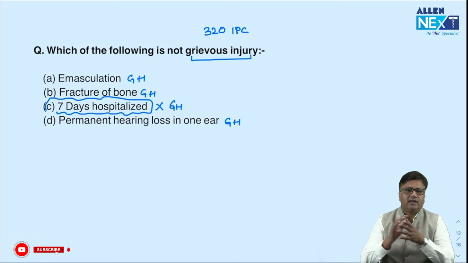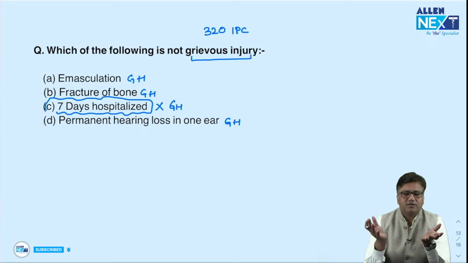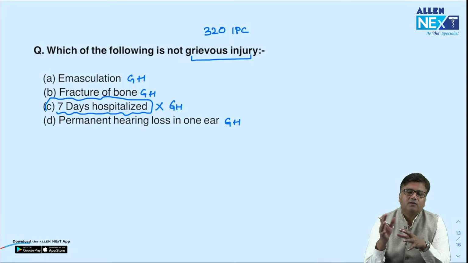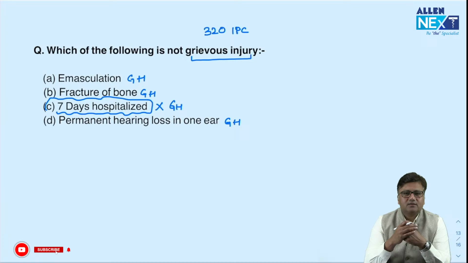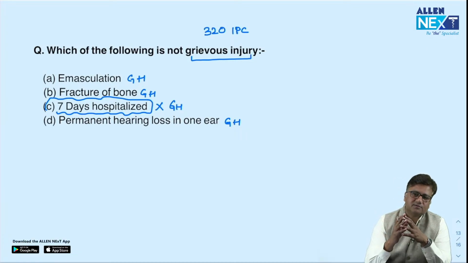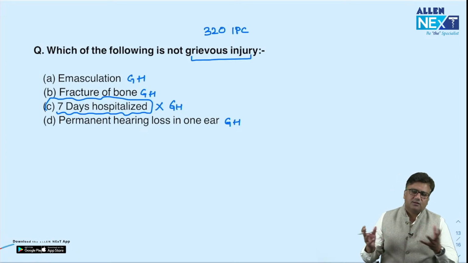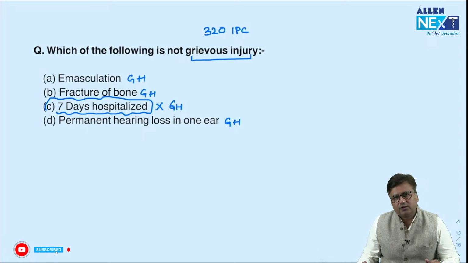So the correct answer is that 7 days hospitalization does not qualify a hurt as grievous hurt. If it would have been 20 or more, we could have gone for this choice also. It could have been qualified as grievous. So here too it is a very simple answer: 7 days hospitalization is not grievous.